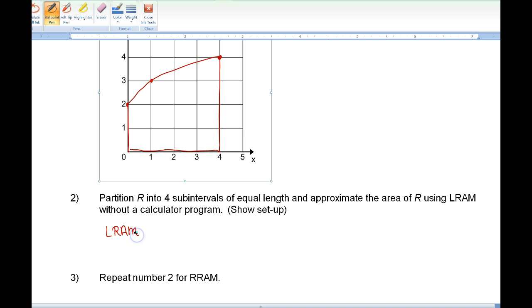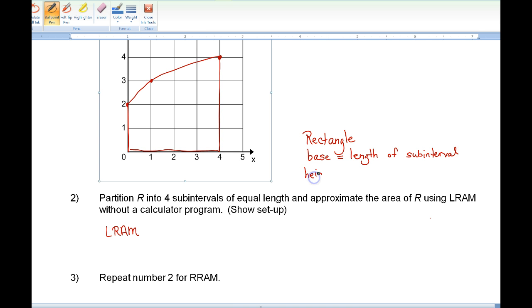now remember, these are all rectangles. With the rectangular approximation method, we have 3 different ways: left hand, right hand, and midpoint. If we're looking at these rectangles, the base of our rectangles is equal to the length of the subinterval.